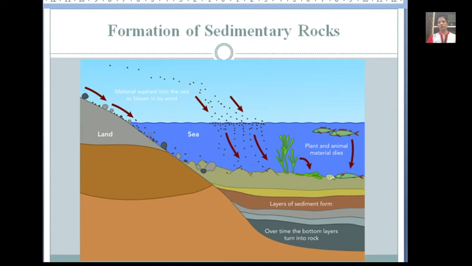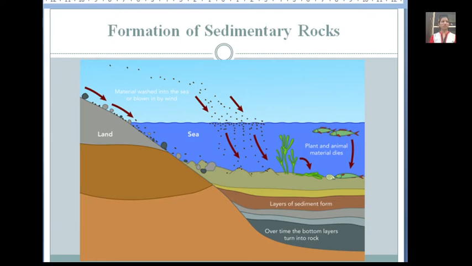On the basis of composition, sedimentary rocks are basically two types: organic sedimentary rocks, and second is non-organic या inorganic sedimentary rocks. जैसे organic sedimentary rocks जैव अवसादी चट्टानें. These are made by sediments of natural vegetation and fauna. जो हमारी प्राकृतिक वनस्पति है उसके जो सेडिमेंट से जो बनती हैं, that are called organic sedimentary rocks.